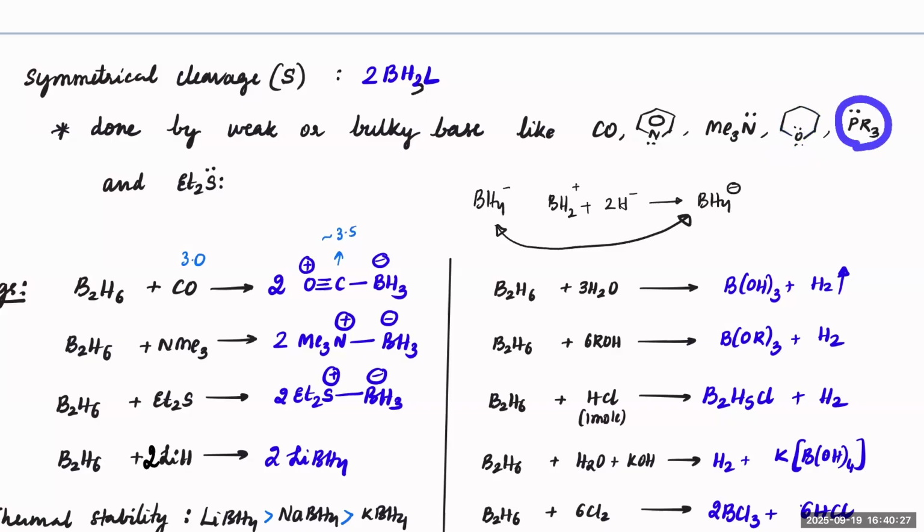Phosphorus in general is bigger in size, sulfur is bigger in size. Therefore, if you have these molecules trying to attack B2H6, we can expect them to go for symmetrical cleavage. Clear?